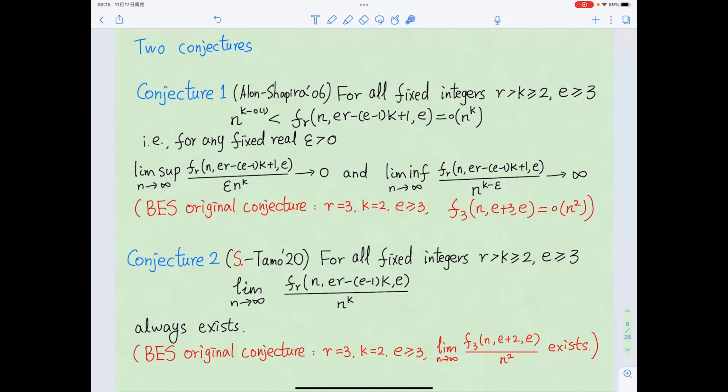So this in particular says that there does not exist a real alpha such that this function is of the order n to the power of alpha.